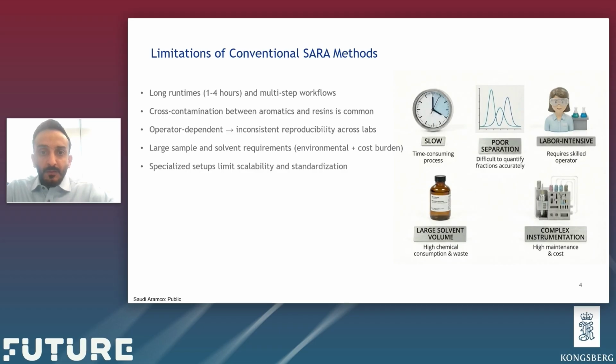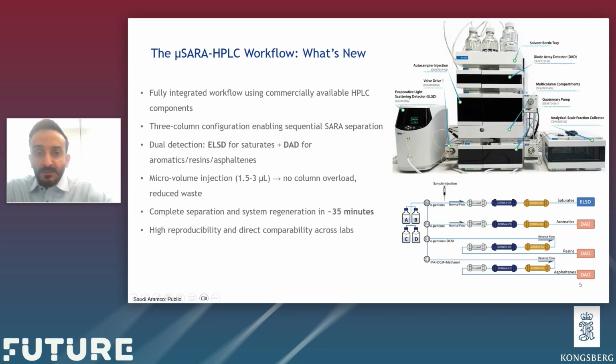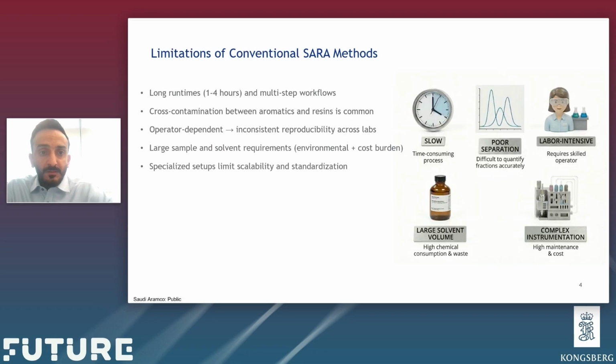Now, limitations of conventional SARA methods. There are several methods that are well established in the literature. Several decades of SARA methods exist. Some of them utilize open column or thin layer chromatography, FID, and even some HPLC systems.